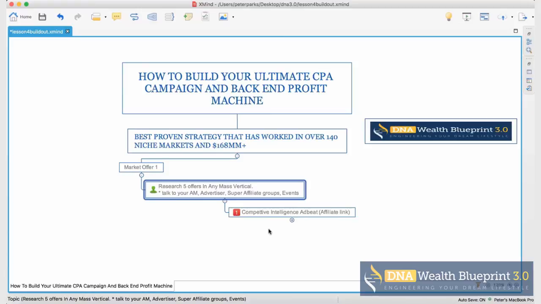So if you think the money's going in my pocket, it's not, right? But you need industrial strength tools like AdBeat, What Runs Where, Similar Web Pro, just to be able to look with your own 2 eyes at what's going on in the competitive landscape. So that's really step 2, but step 1 in the process.